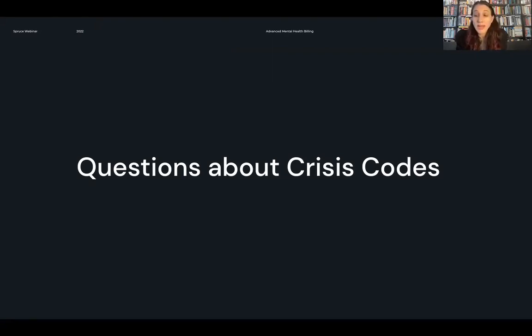I think the home runs on this are always a patient who's actively suicidal, a patient who's actively threatening self-harm. I think a crisis might also be a situation in which a patient has suffered a loss and is not functioning well. I think certainly any situation where you feel that a patient needs to be referred to a higher level of care could be viewed as a crisis.